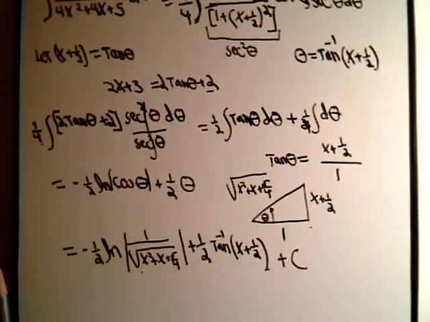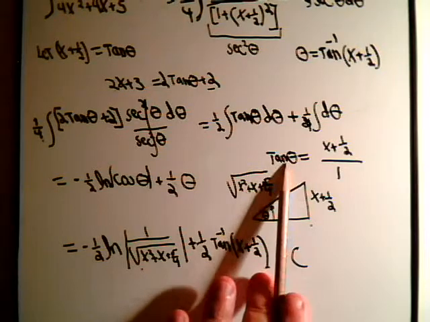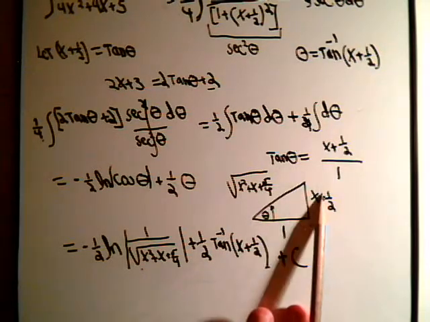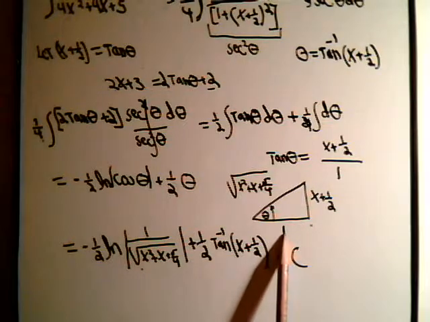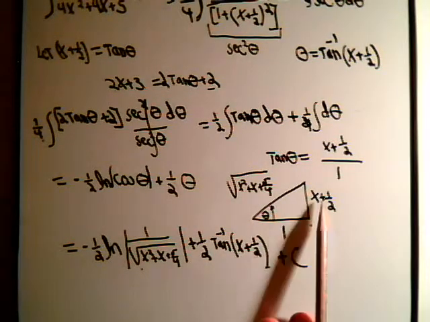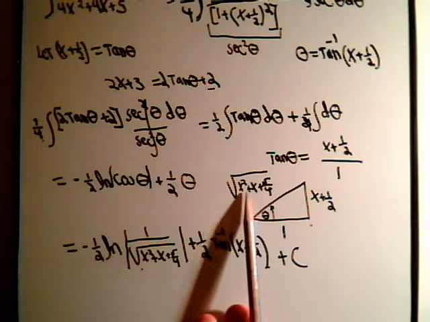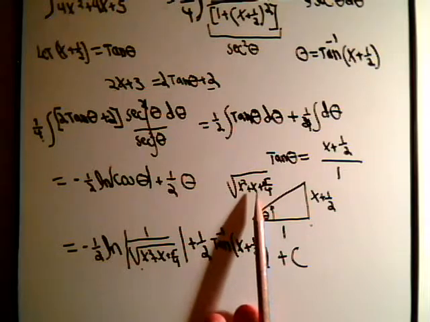And that's when we go and we draw the triangle. If this is theta, the tangent of theta is the side opposite divided by the side adjacent, and then this is the square root of this plus this, which equals this expression here, x squared plus x plus 5/4.